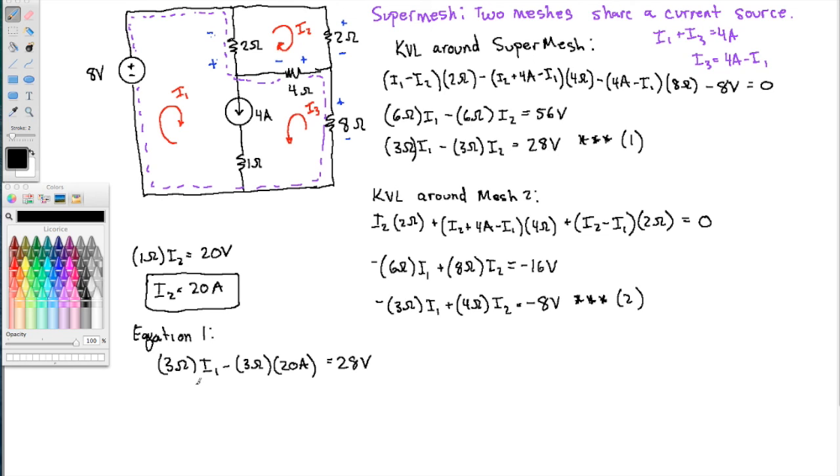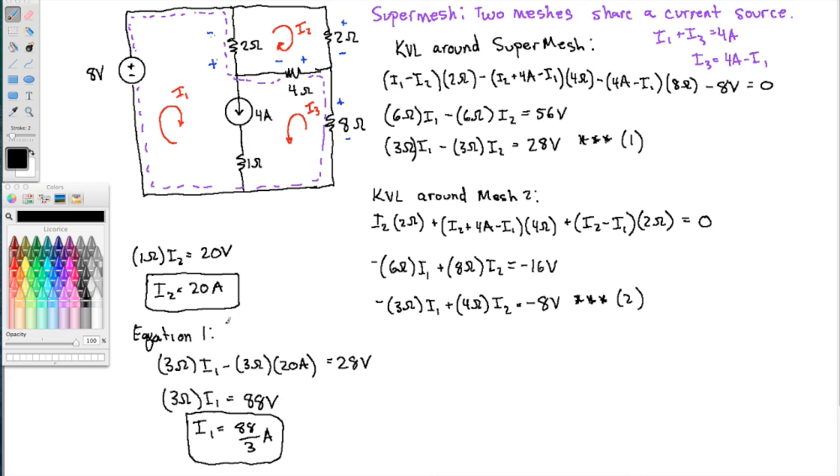So I've got the 3 ohms times the I1. This makes 60 volts added to the other side. That makes 88 volts. And so I1 is 88 thirds amps. So we'll just leave it like that.